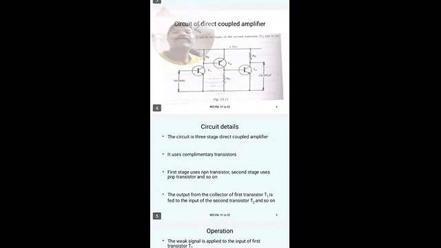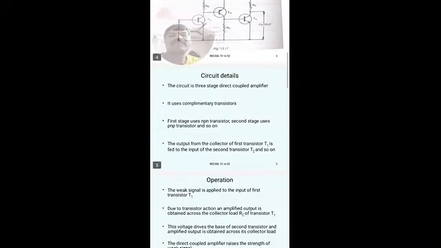Here the weak signal is applied at the input of the first stage transistor T1. The signal to be amplified is applied to the input of the transistor T1.